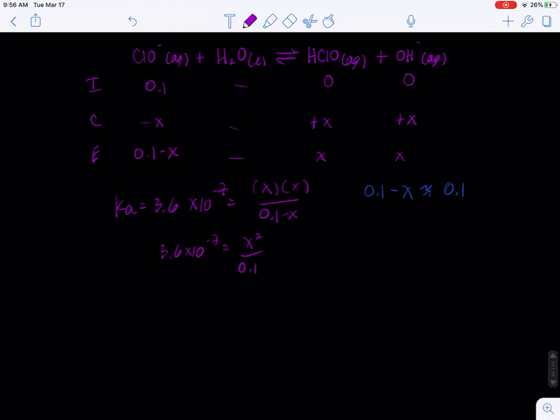And we get that. And then using your calculator, do that, and then the square root, x is going to be equal to 1.90 times 10 to the minus 4. So you can definitely see that x is pretty small here.